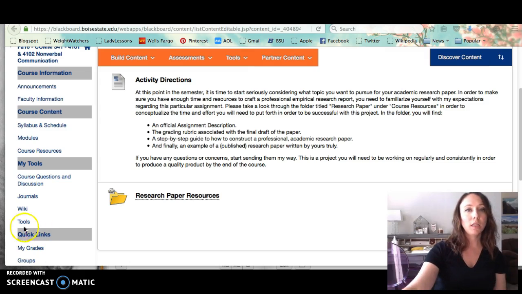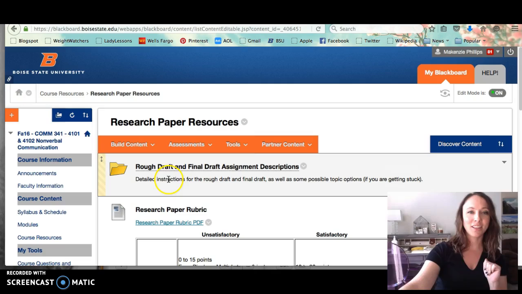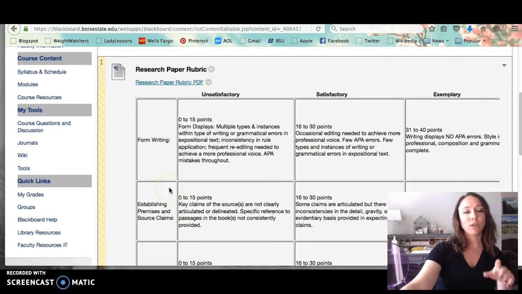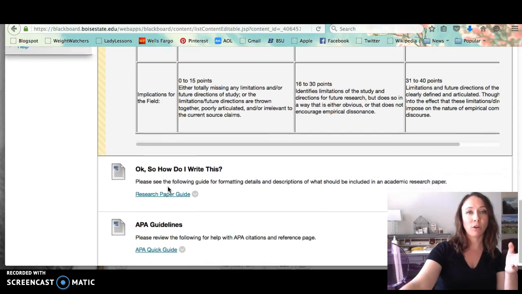So in this folder, you'll notice there's research paper resources. Those are also available over here under course resources at any time. If this folder closes, they're still available over here. But this will walk you through in an excruciating amount of detail everything that I'm looking for. So I give you the rubric for how it's being graded.